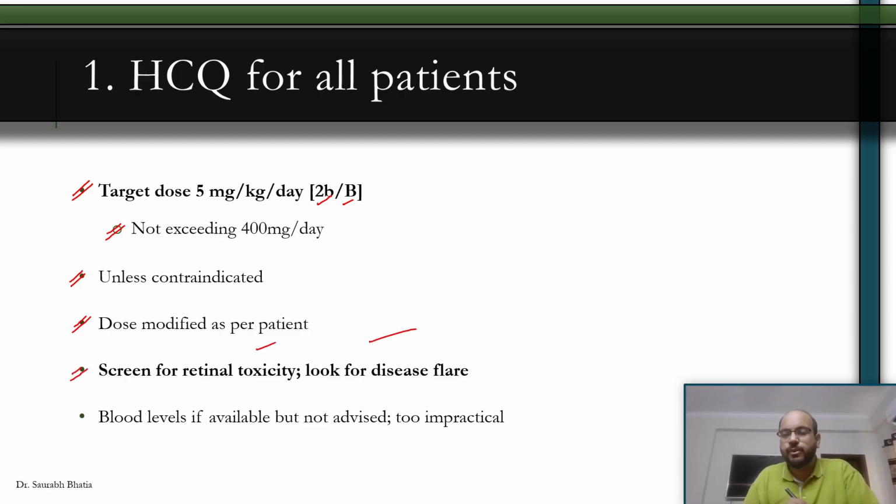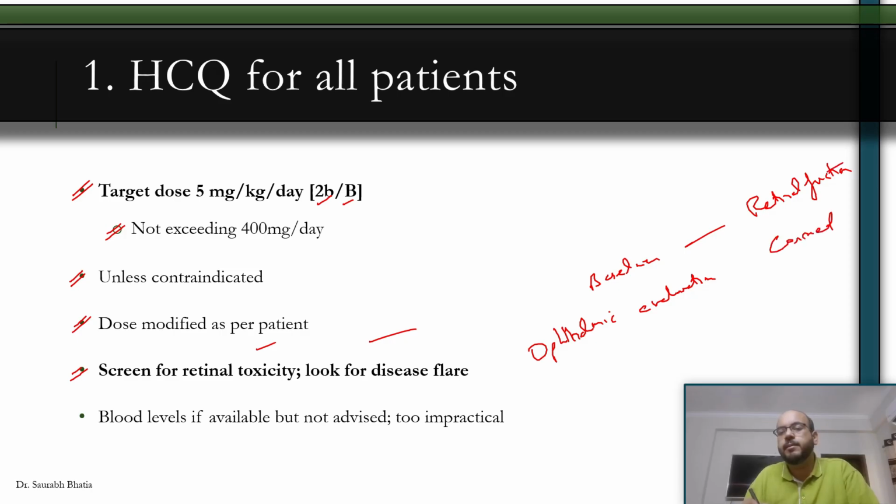Before starting HCQ, it's better to have a baseline evaluation, baseline ophthalmic evaluation, to keep in mind about any corneal opacities and the retinal function. So these are two side effects of HCQ to keep in mind: corneal opacities and retinal function.